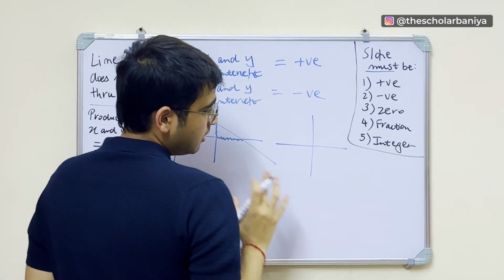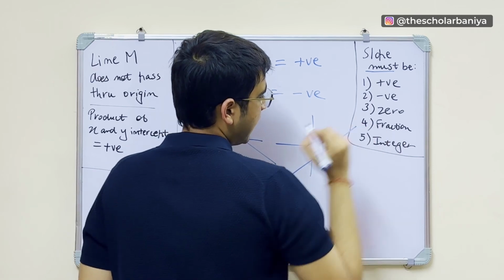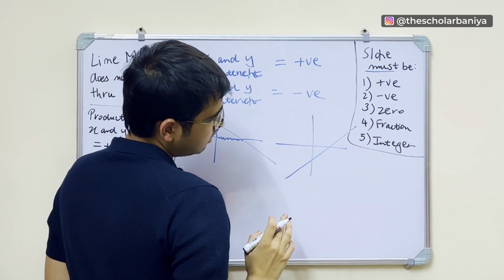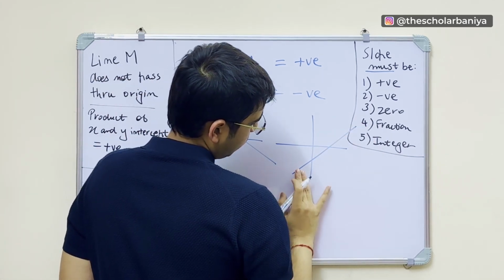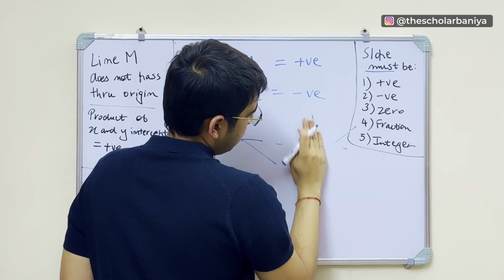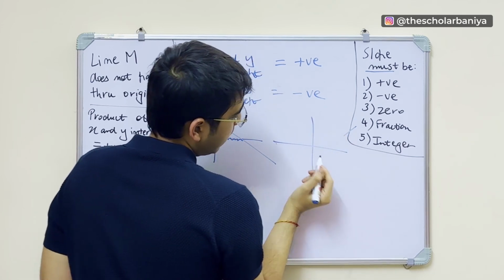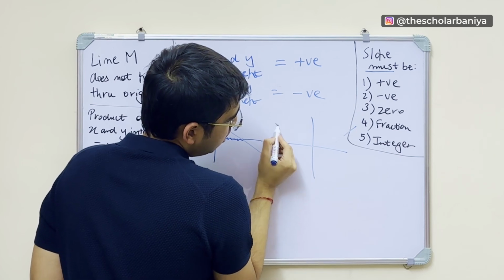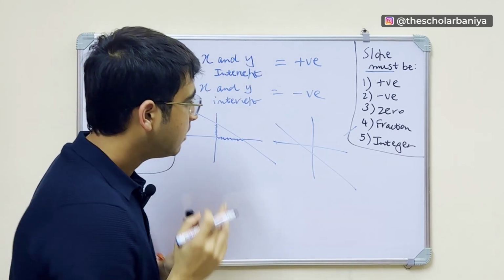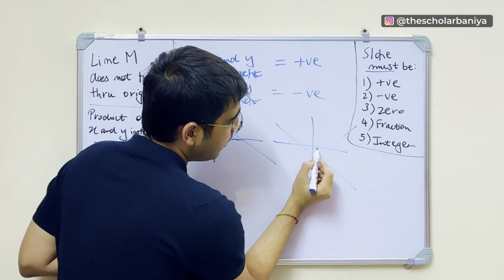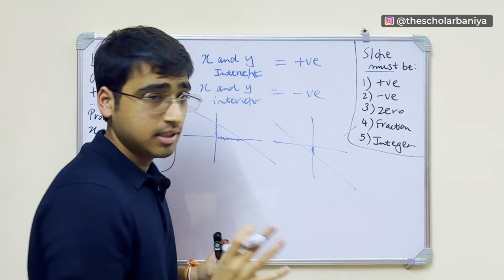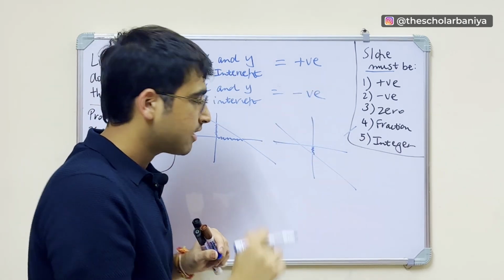If we talk about the second case, for example, a line like this. So we have to make sure, for example, a line like this, right? Because in this case, the y-intercept, which is this, is negative because it is below the axis, right?